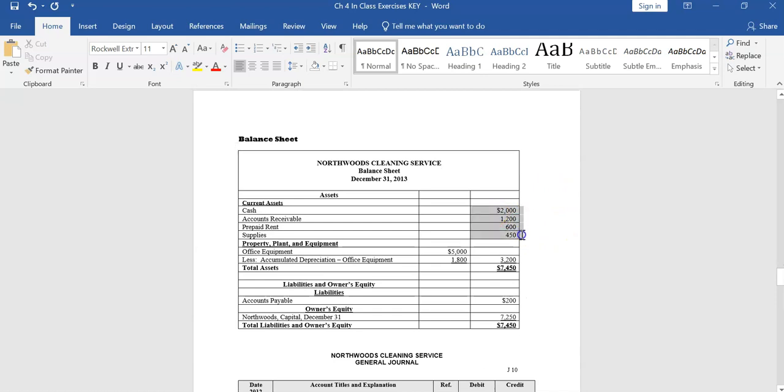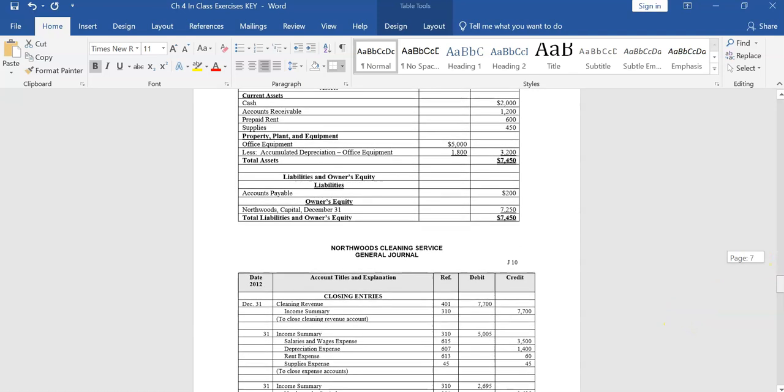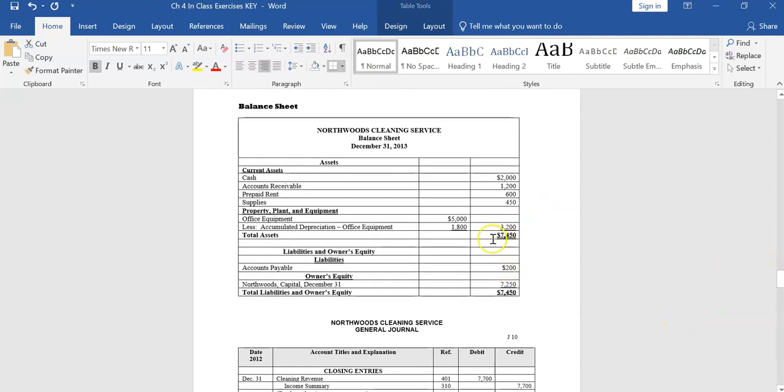Here are the assets, less the accumulated depreciation, the contra asset account, leaving us with total assets of $74.50. Here's our liability account and our ending capital balance that comes from the owner's equity statement, $72.50. Total assets equal total liabilities and owner's equity.